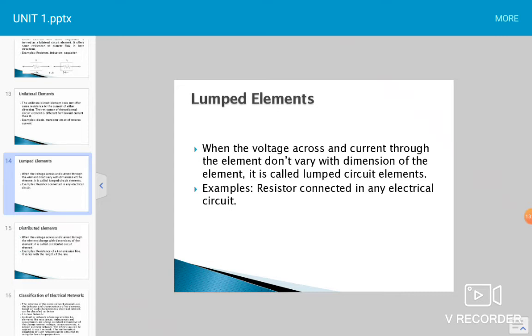Example, a resistor connected in any electrical circuit means that those electronic components whose voltage and current through the element do not vary with the dimension of the element. It means it does not change the value in the network, but practically it is very difficult.